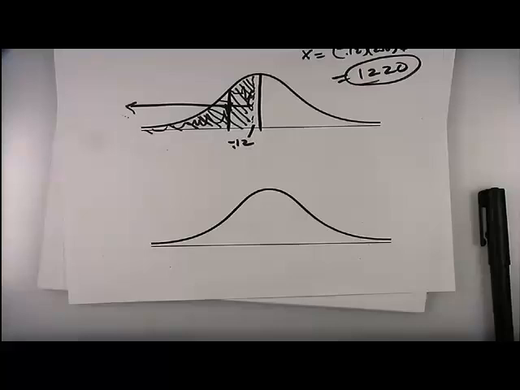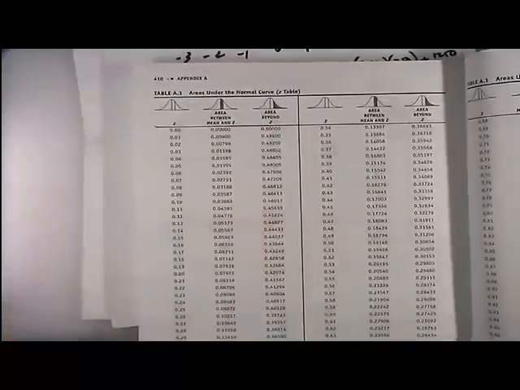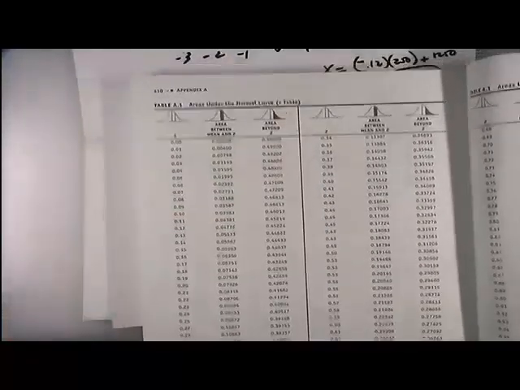Here I'm trying to find the minimum score I need at this 45%. Put that on the distribution, shade it in, and then go to the chart. Because you've shaded it in, you can say, which column am I going to use?